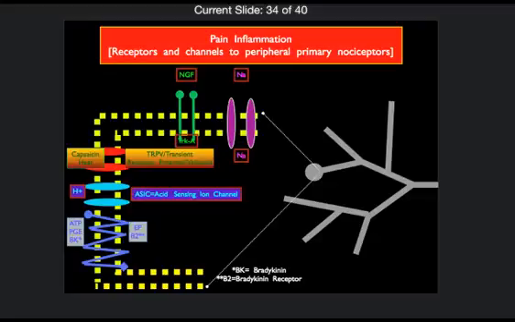But if you take the pain inflammation receptors and channels to peripheral primary nociceptors, here are some of the representatives at the terminal end of a first-order nociceptive fiber. It's going to have sodium channels that are expressed, nerve growth factors, and a receptor TRK. And then there's TRP. Who knows what TRP is? Transient receptor potential. It's the substance P and neurokinin receptor, and it's what responds to heat.